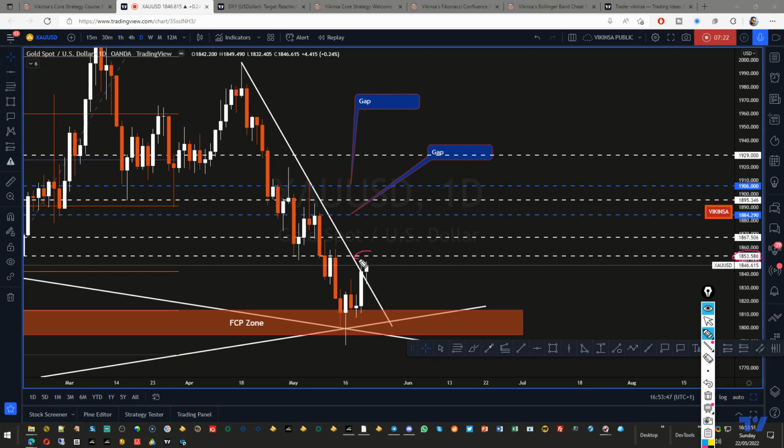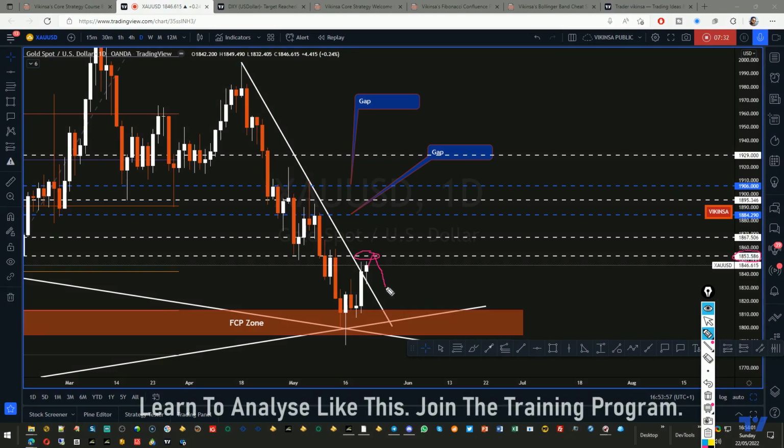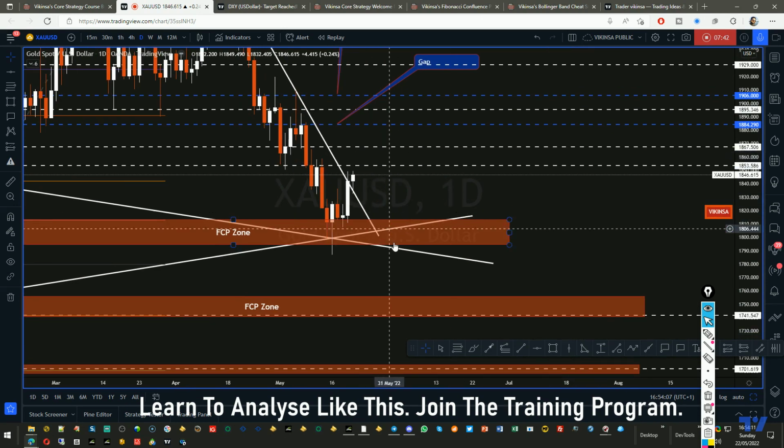Near about that, this is a very important level, because if the market touches this and you get a strong rejection from this, that will be a better confirmation for a short, because the market can come back down either to test this trend line or to this FCP zone. I will personally be looking for further long term short opportunities in gold.